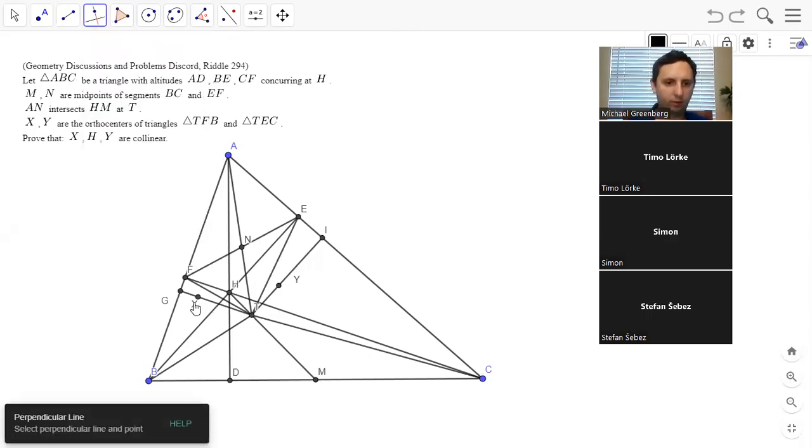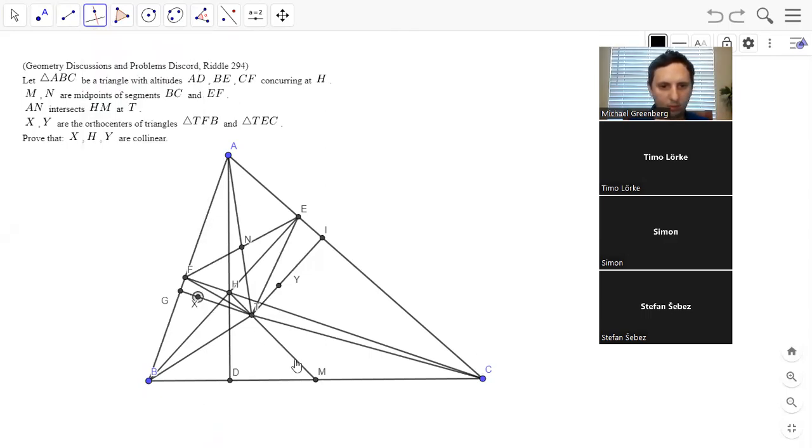So H would be the orthocenter of this triangle.